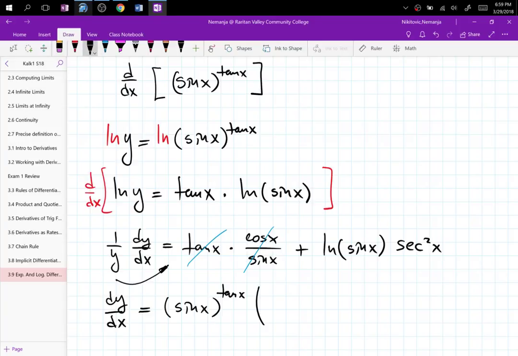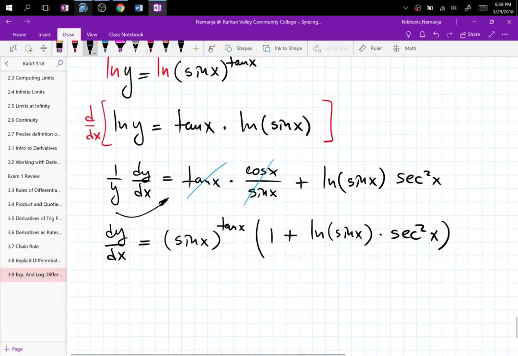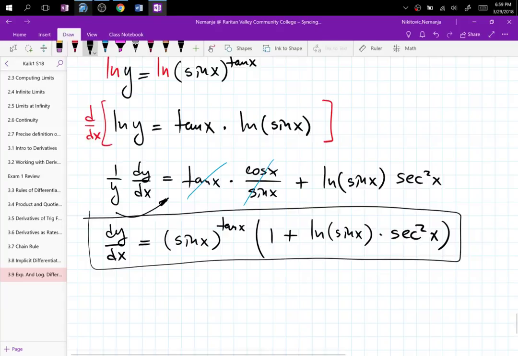That's great. So I have 1 plus ln sine x times secant squared x. Ta-da! That's the derivative. And there's no other way to do this. You have to use logarithmic differentiation. So when you have these guys, exponent of the exponent of the exponent, this is what we have.